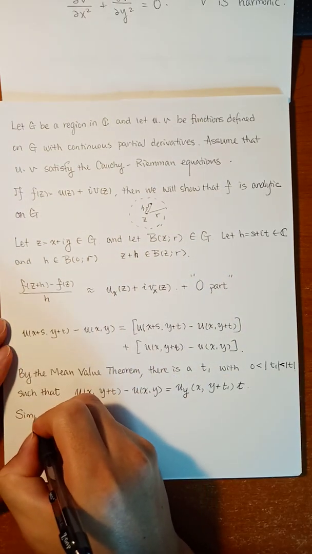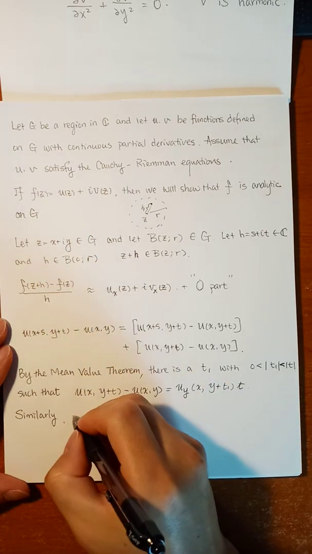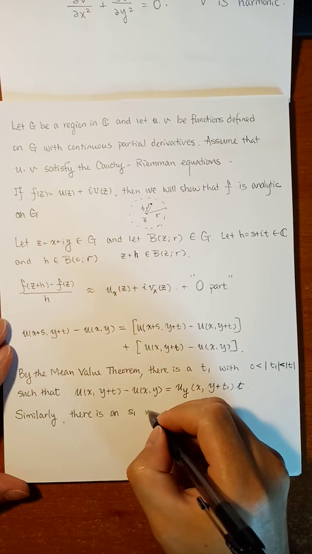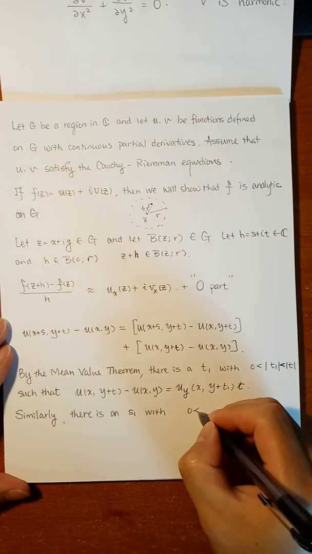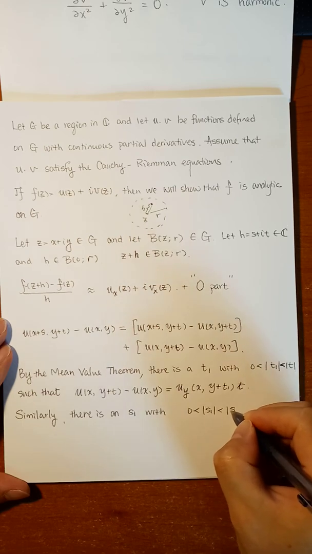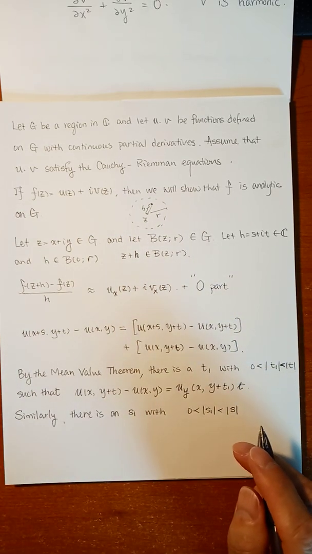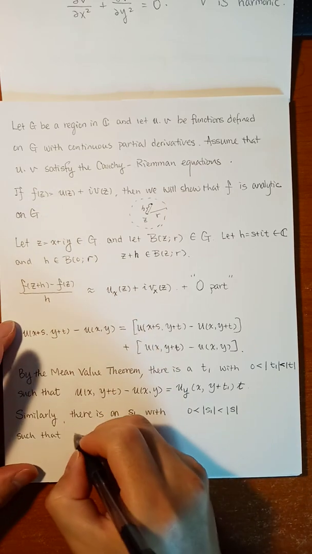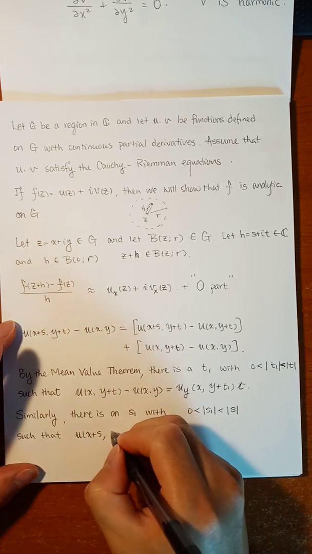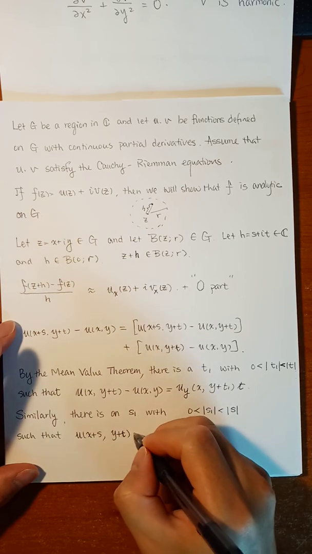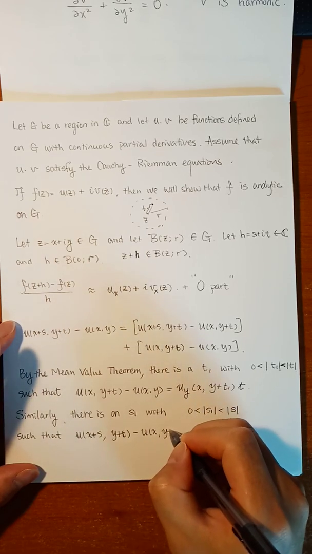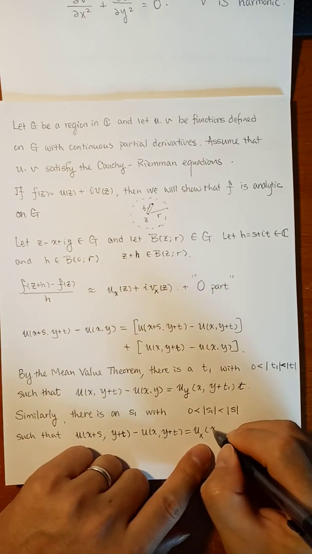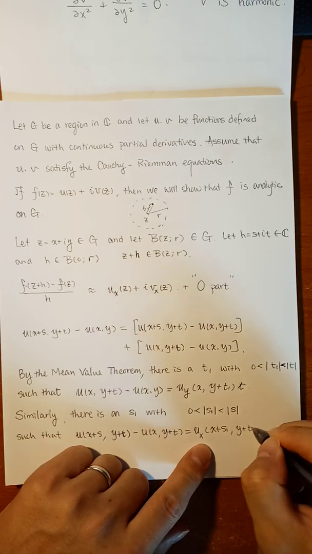Similarly, there is an s1 with absolute value of s1 less than the absolute value of s, such that u of x plus s, y plus t minus u of x, y plus t is equal to u sub x at x plus s1, y plus t, times s.